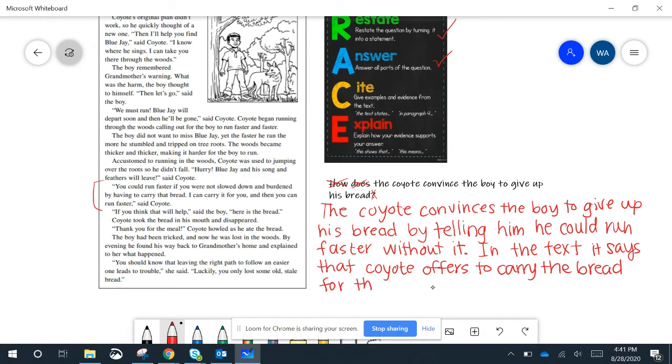Oops. Okay, so far I have restated, answered, and I've cited or told where I got it from the text.